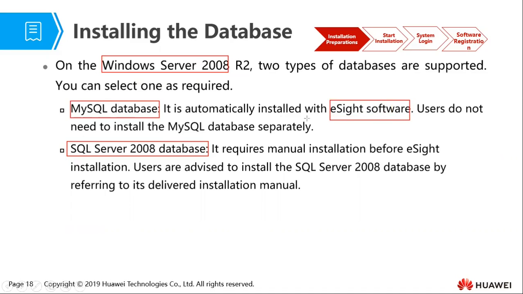So if you want to use MySQL database, you do not need to install the MySQL database separately. But when you want to use the SQL Server database, you must manually install it before you install eSight. So before installing eSight, you have to install the database. But if you want to use MySQL database, you can just install eSight and it will also install the database.